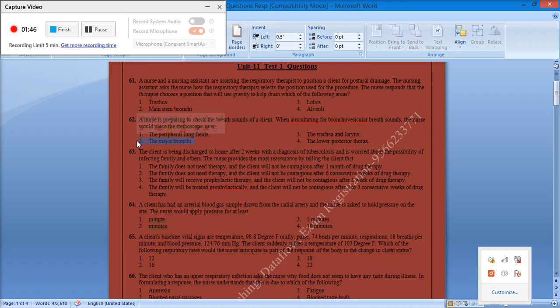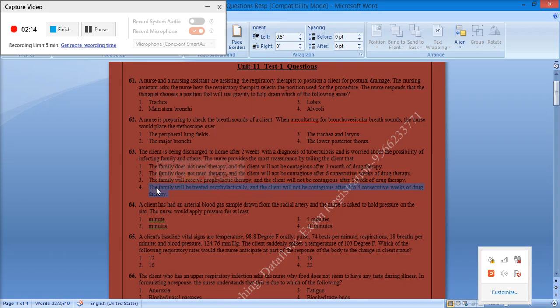The family will receive prophylactic therapy and the client will not be contagious after 1 week of drug therapy. 4. The family will be treated prophylactically and the client will not be contagious after 2 to 3 consecutive weeks of drug therapy. The correct answer is 4. The family will be treated prophylactically and the client will not be contagious after 2 to 3 consecutive weeks of drug therapy.